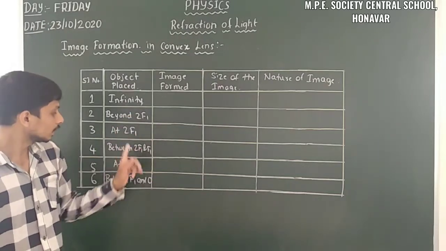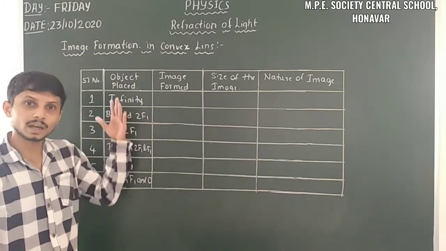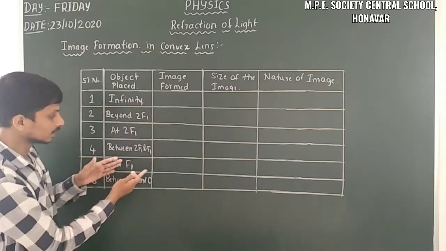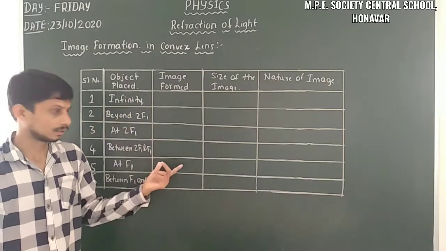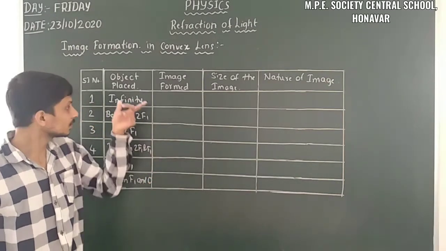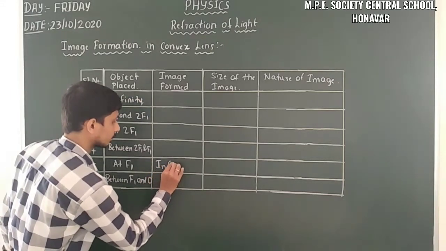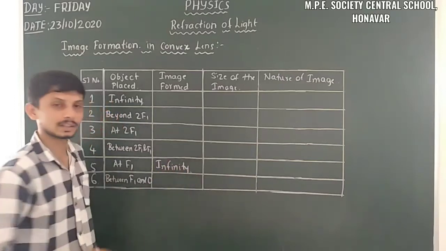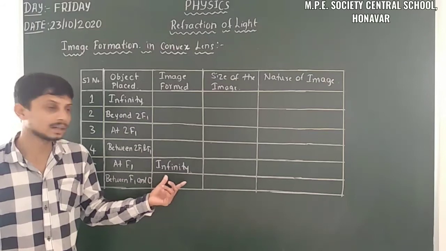Already I told you that we have to write these 5 cases in reverse order here. That means the first case is infinity. So here we write infinity, since we already got that at f1, the image is formed at infinity.